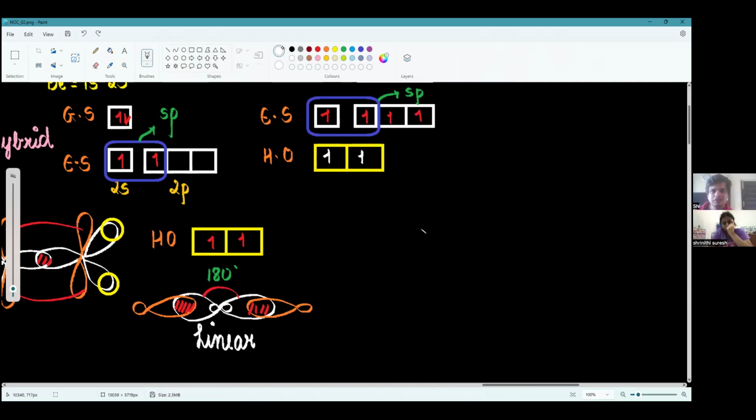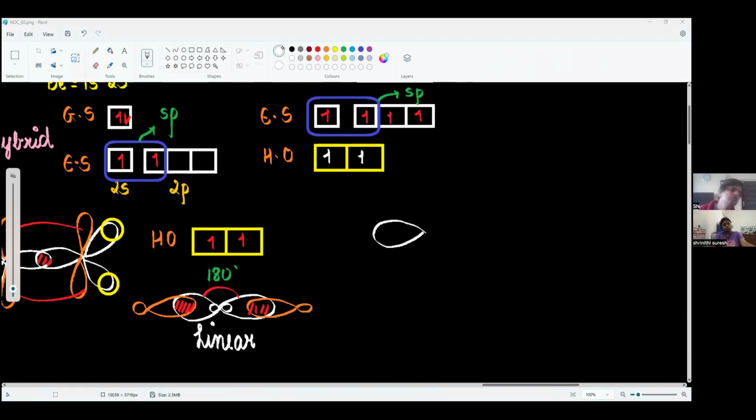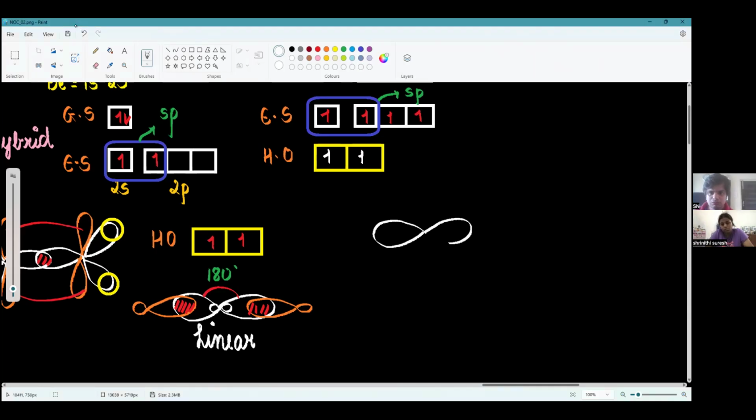So this is the first orbital. Just 1 minute. Okay. So the first orbital will be drawn, and the two carbon atoms will be formed. Just 1 minute, madam.